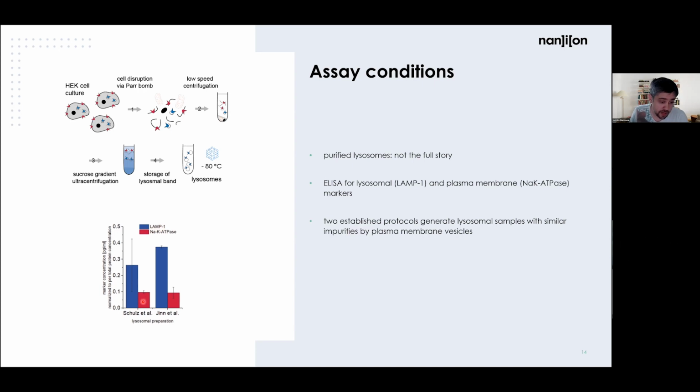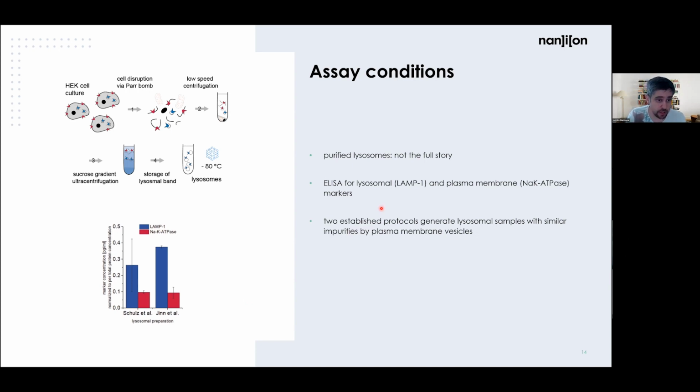But we also find sodium-potassium ATPase, which means there is some contamination with plasma membrane vesicles. So essentially, since for the SURFER we measure macroscopic currents, we likely have a mixture of TMEM175 in lysosomes and TMEM175 in plasma membrane vesicles.